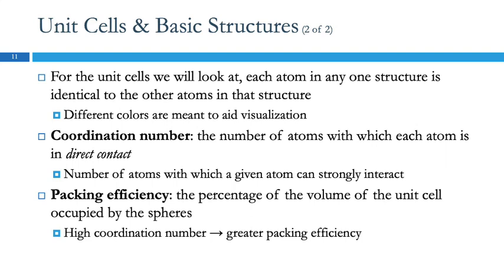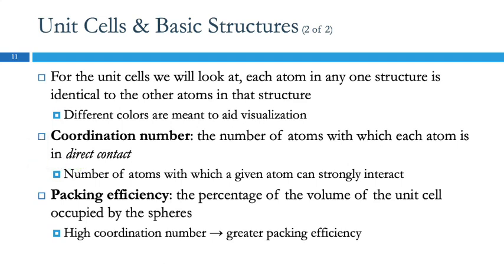So just so we know what we're looking at, when we're looking at the next few slides, any atom in these structures is identical to the other atoms, even if we've colored them differently. The different colors are just so that we can see them better, because it's hard to visualize this 3-dimensional stuff. A couple of terms we use: coordination number. That's how many atoms each atom is in direct contact with.